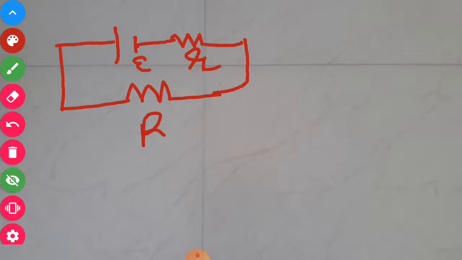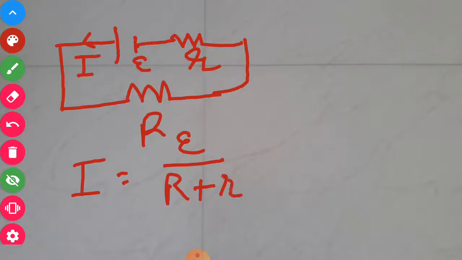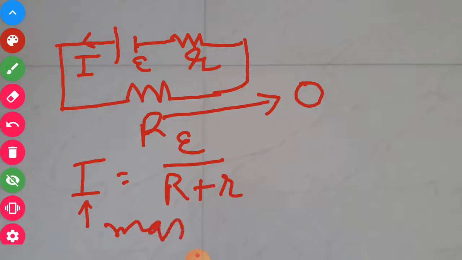Now if current I is flowing, then according to Ohm's law we can write I is equal to voltage upon total resistance of the circuit. Total resistance is R plus r. Now maximum current is asked. So if the external resistance is 0, then this I becomes maximum.